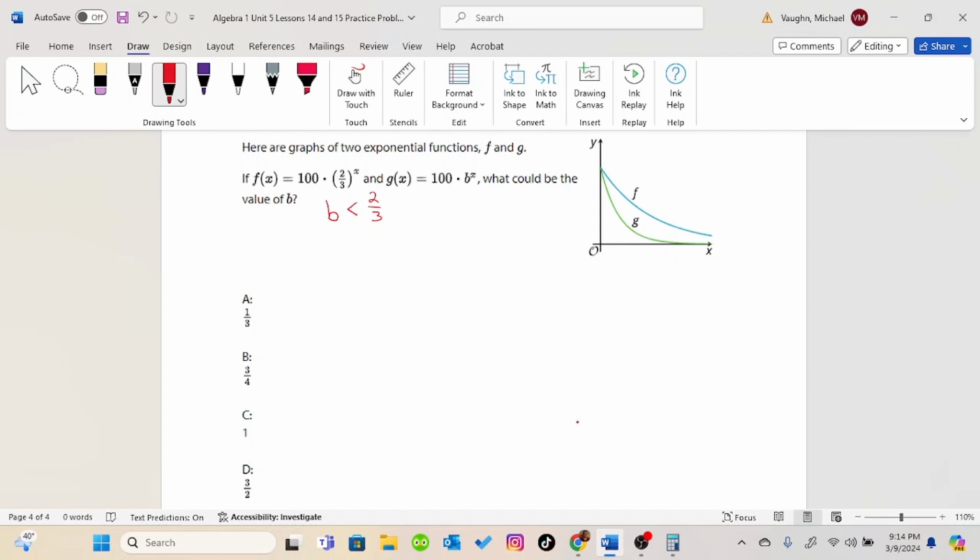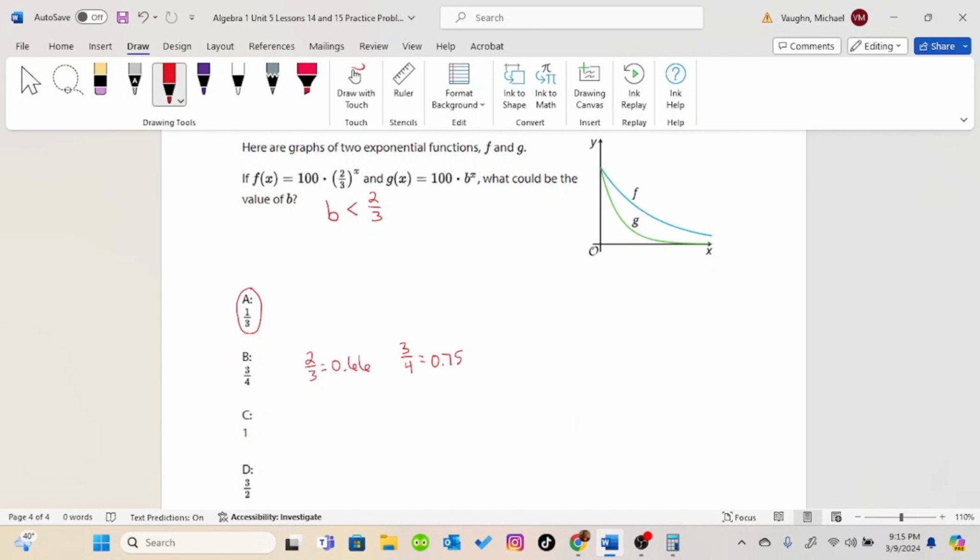We see with A, 1/3 is less than 2/3, so that's correct. For B, 2/3 equals 0.66, and 3/4 equals 0.75.